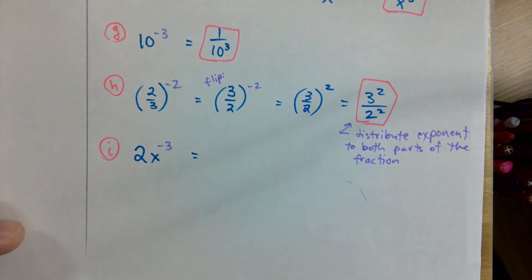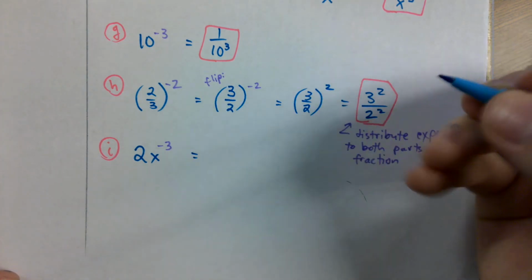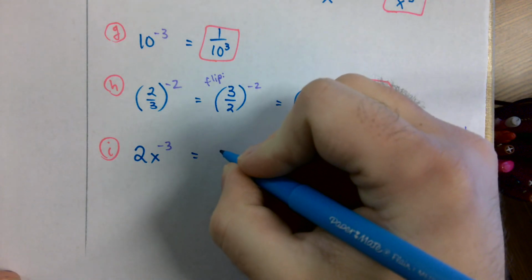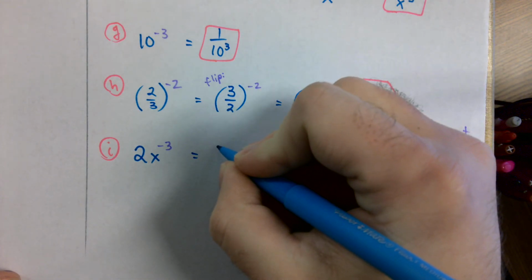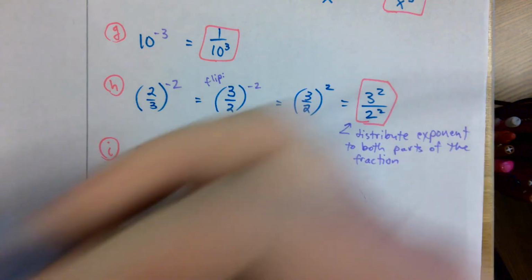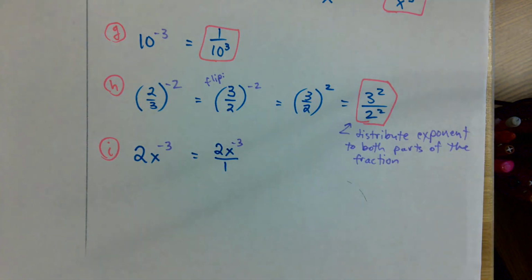So if we wanted to write this as a fraction, we could write it as 2x over 1, and x is raised to the power of negative 3.